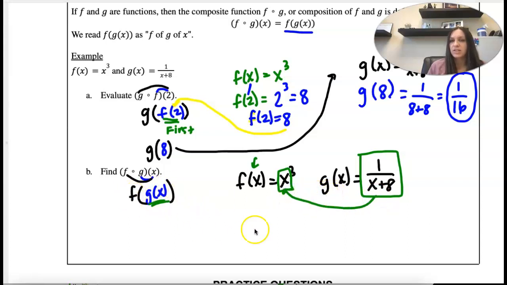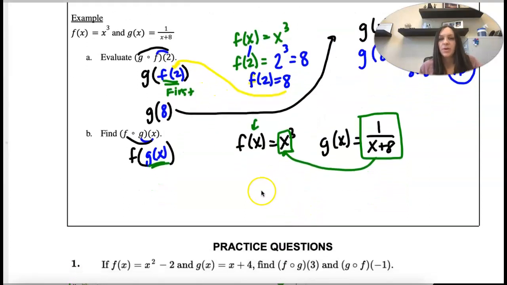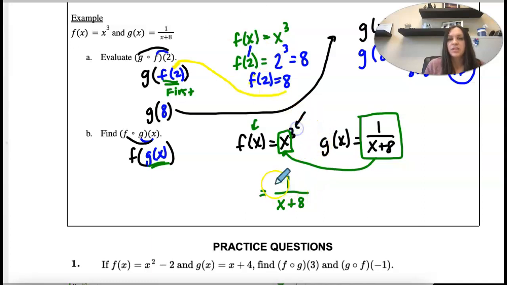The whole function's inside f. So I have, instead of this x, I have this whole function, 1 over x plus 8. But this cubed is still there, so we're going to cube this whole thing.